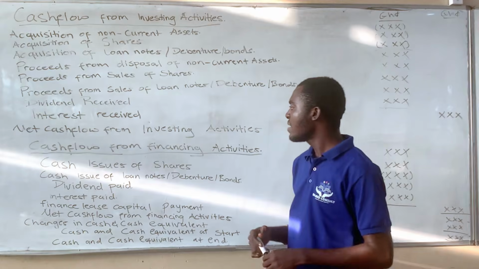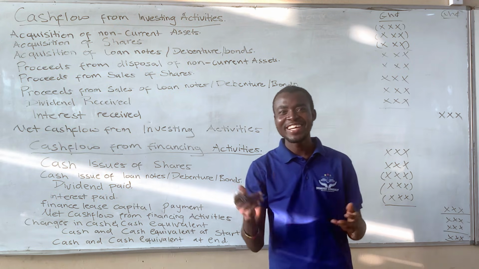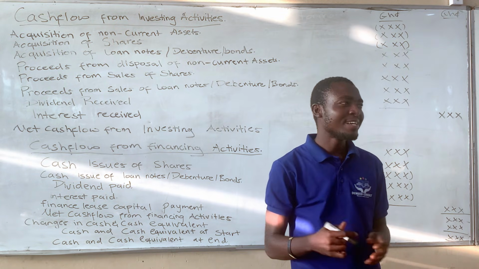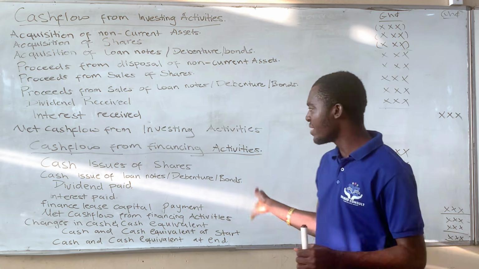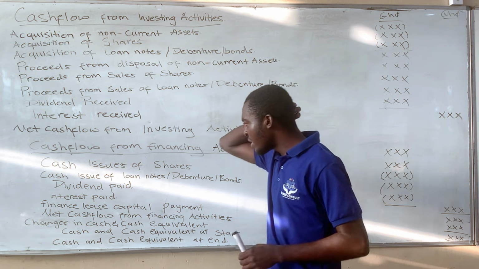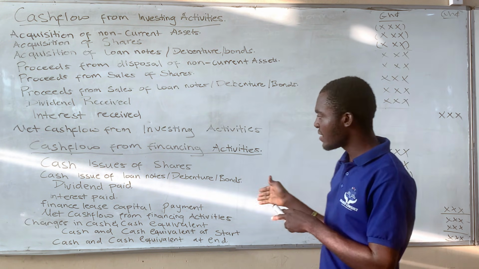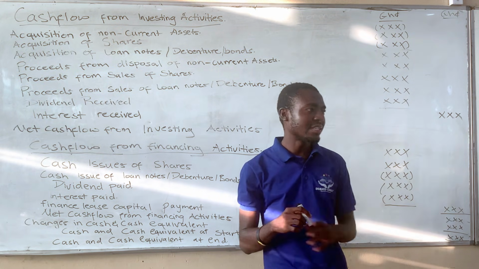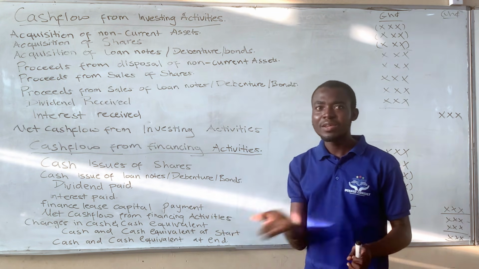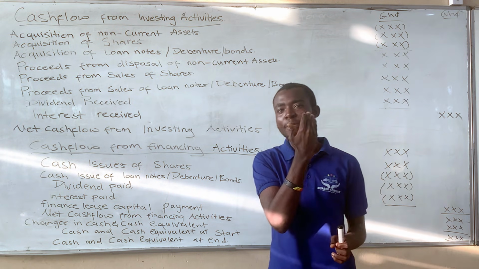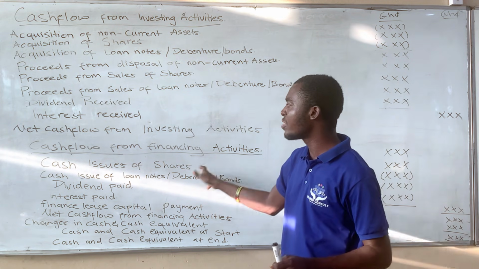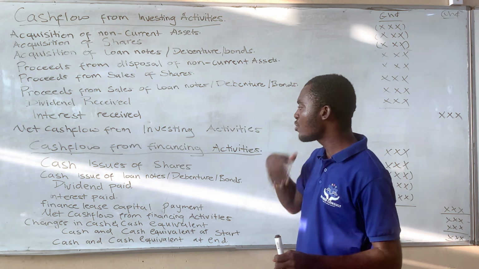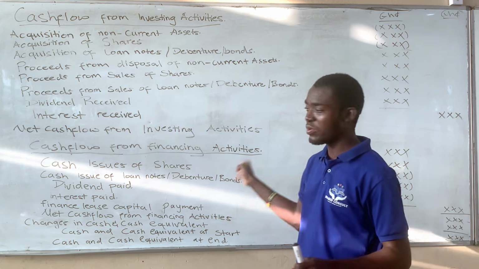And when the organization pays dividends to its shareholders, money is going out, so you will deduct it. And then for the treatment of interest, I said you can treat it under operating activities or financing activities. So in case you didn't treat it under operating activities, you will treat it under financing activities. Since we are paying interest, money is going out, so it will be deducted.